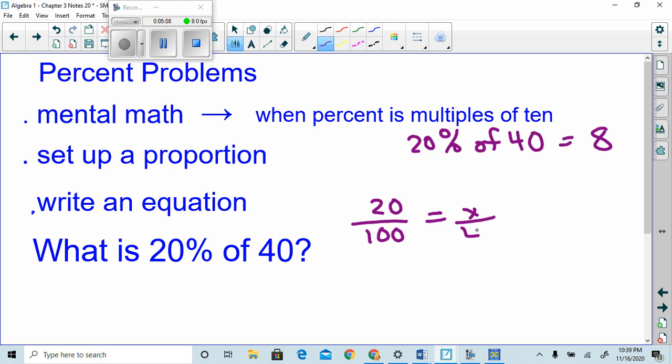We do know the total. Could you multiply? The answer to that is yes. You're going to do your cross product. You're going to get 100x is equal to 20 times 40, which is 800. And guess what? I've got the same answer. x is equal to 8.